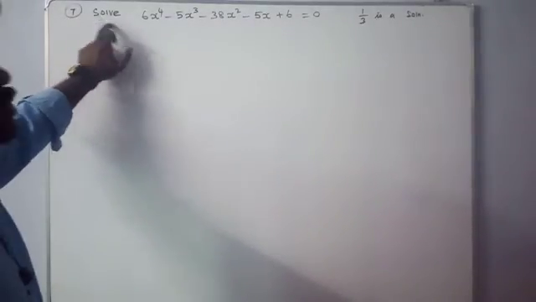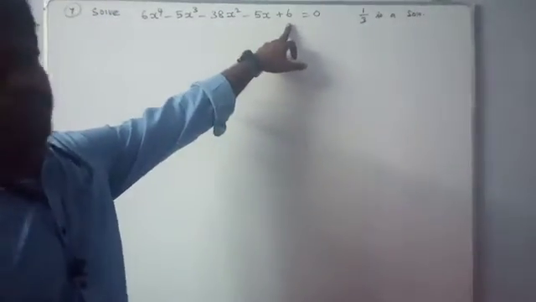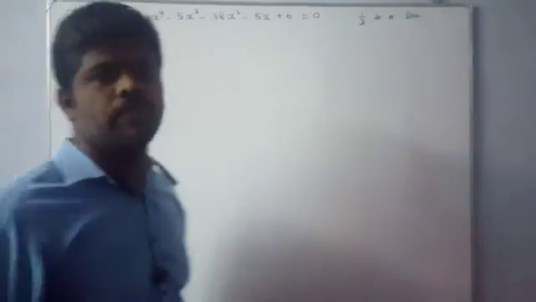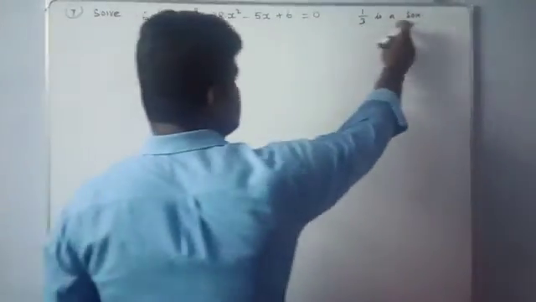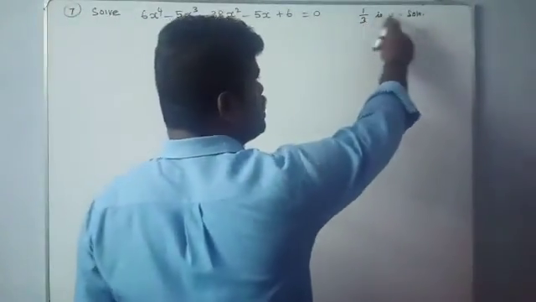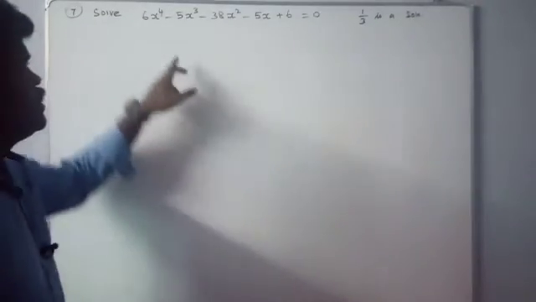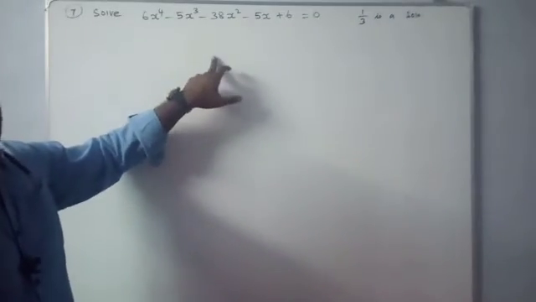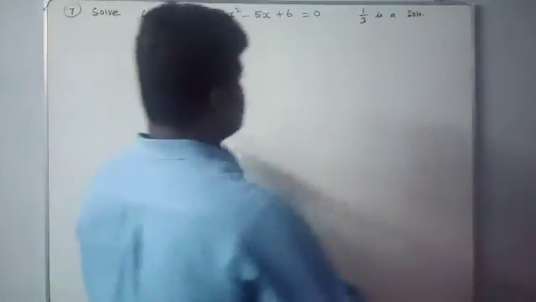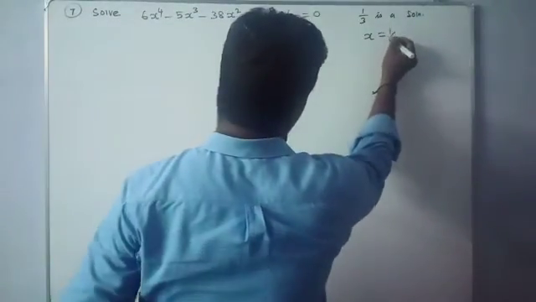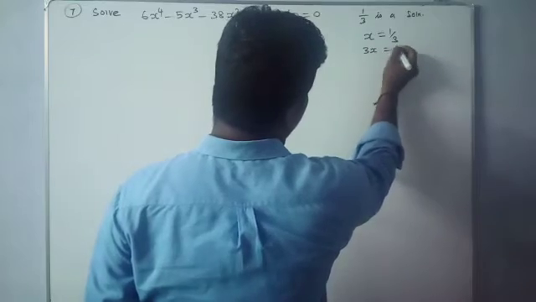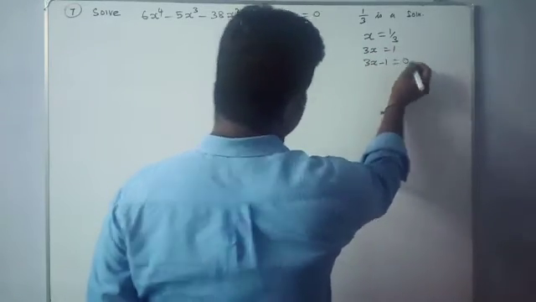Seventh sum: solve this equation if 1 by 3 is a solution. The given concept is that 1 by 3 is a solution. This sum can be done in two methods. One is the given method: since x is equal to 1 by 3, the factor is 3x equal to 1, that is 3x minus 1 equal to 0.